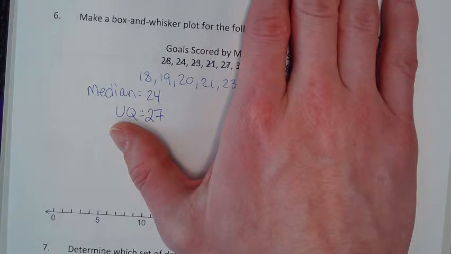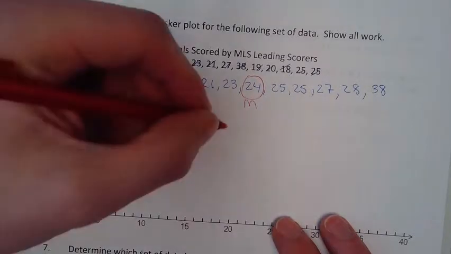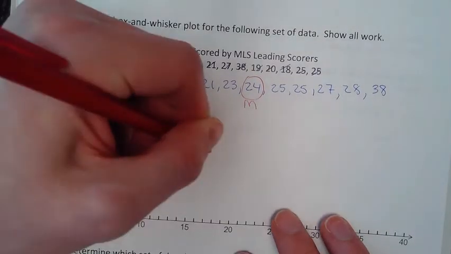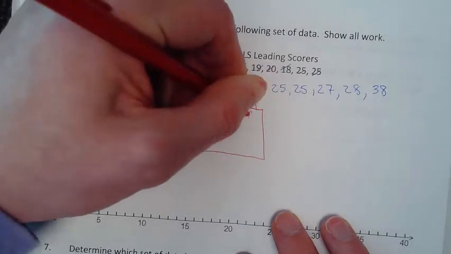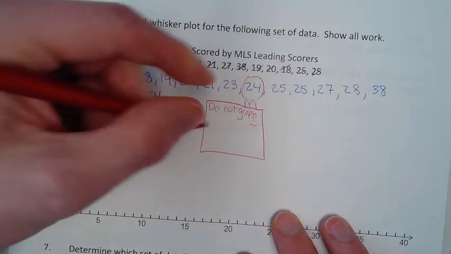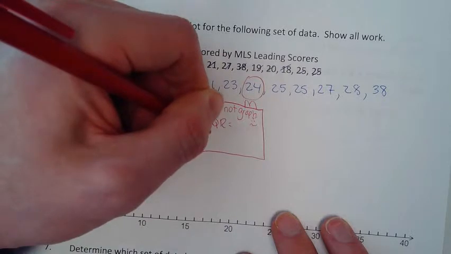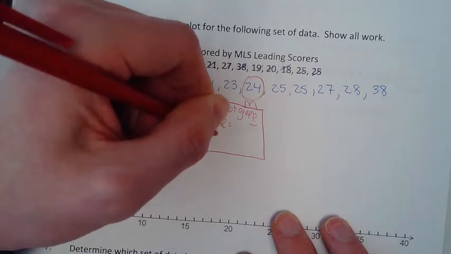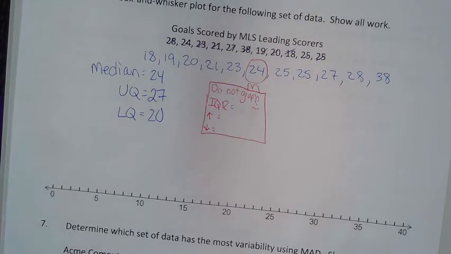You don't have to, but I like to draw my do not graph box. To find my interquartile range, my upper outliers, and my lower outliers. I've never used this term with you before, but we actually call them the limits, the upper limit and the lower limit.